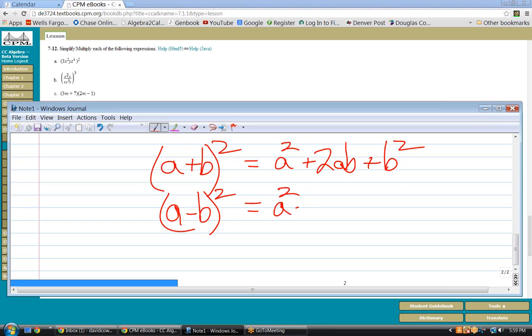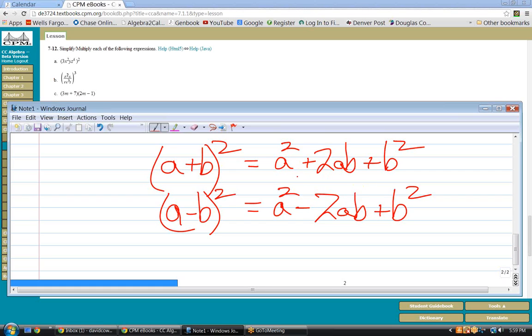The reason this is nice to remember is because you're going to have to do this about 1,000 times over the next 3 years, where you have a binomial that has to be squared. So rather than every single time going through the FOILing or ET process, it's nice to memorize these.